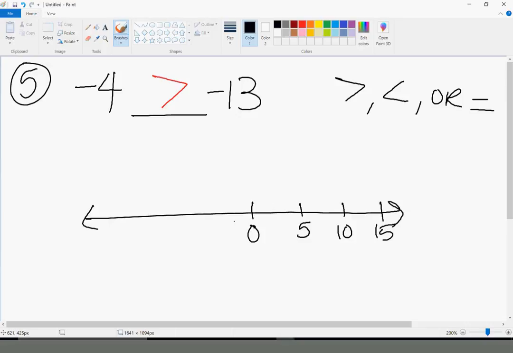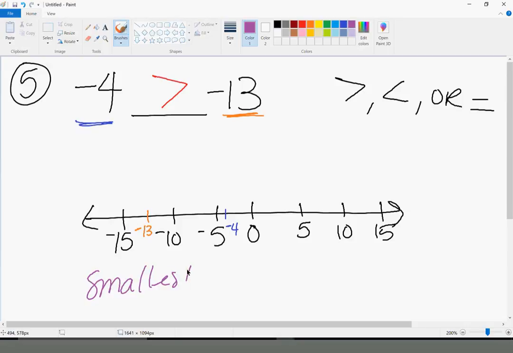But if you go to the left to negative, so this is -5, -10, -15. Let's think about where these numbers will go now. -4 would be somewhere over here. And then -13 would be between -10 and -15, so somewhere over here. So on a number line, your numbers are going smallest all the way up to largest.